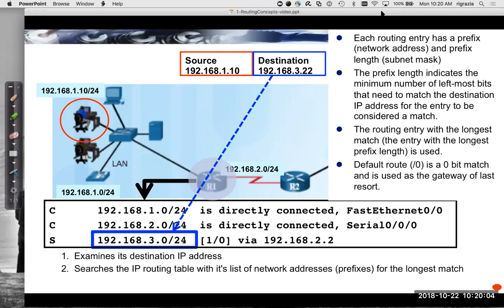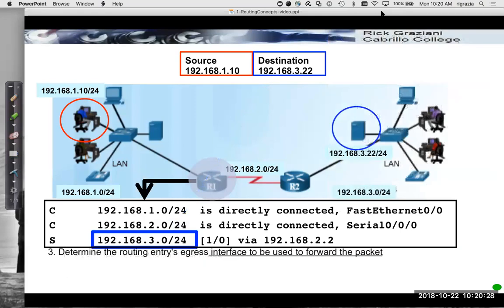This is why sometimes we'll see a default route in the routing table that has a /0 prefix length, which means 0 bits must match. That means if there is no better, longer, more specific match in the routing table, then use this default route, kind of a gateway of last resort.